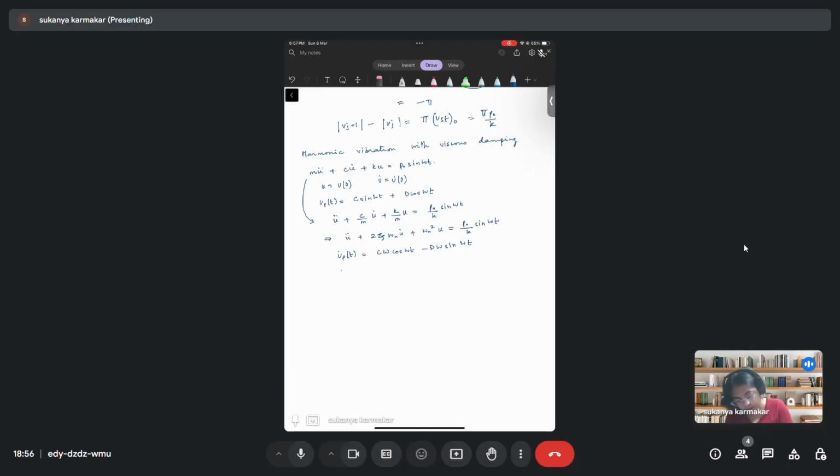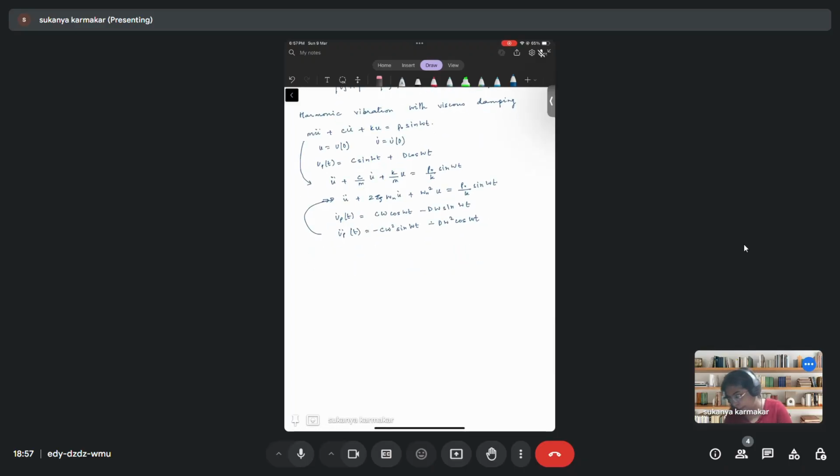This is the first derivative, and your second derivative is minus c omega square sine of omega t minus d omega square cos of omega t. Now substitute these in this equation.